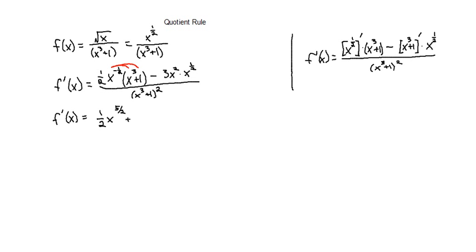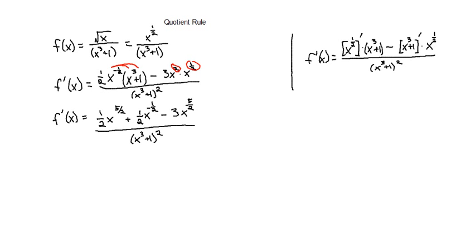Plus, distribute to the 1, so that's 1/2 x to the negative 1/2, minus, now the second term we can take these powers again and add them, so 2 plus 1/2 is actually again 5/2, so negative 3x to the 5/2, all over the same denominator, x to the third plus 1 squared.